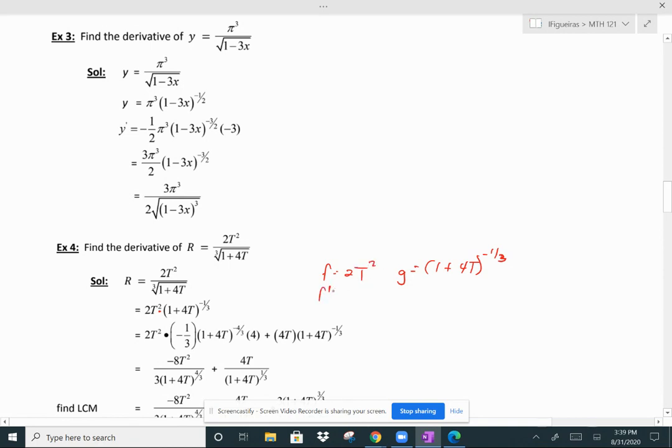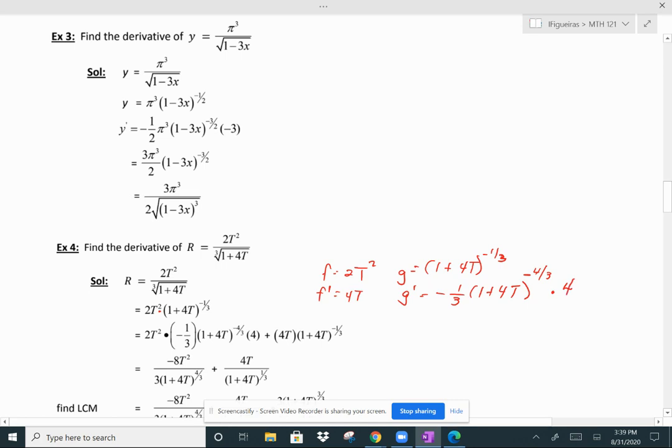Then f prime is 4t and g prime is negative 1/3 times (1 plus 4t) to the, and then subtract 1 from negative 1/3, which will give you negative 4/3, times the derivative of the inside function, which is 4. Okay, so that's my g prime.